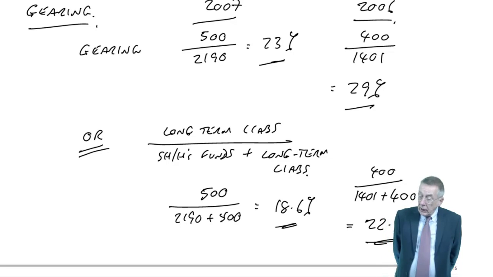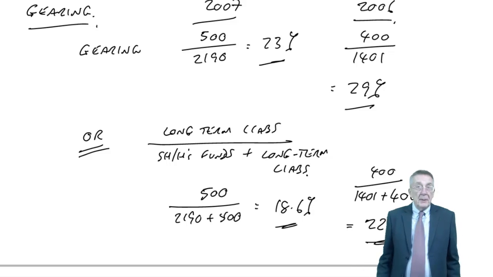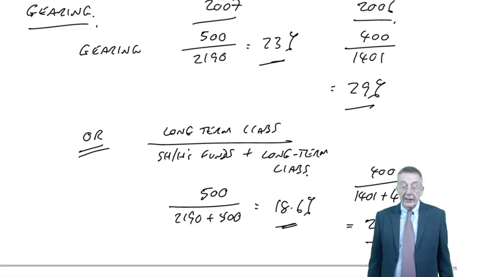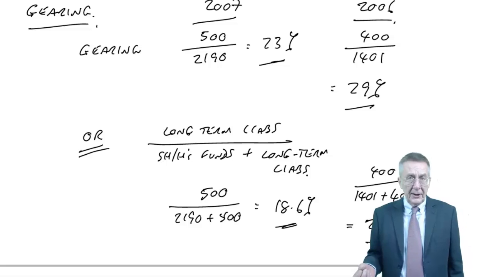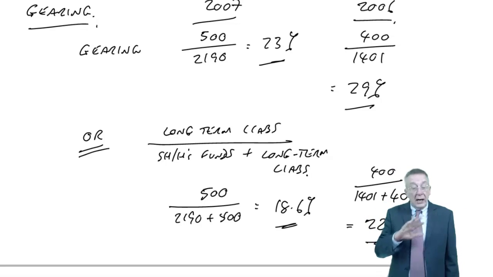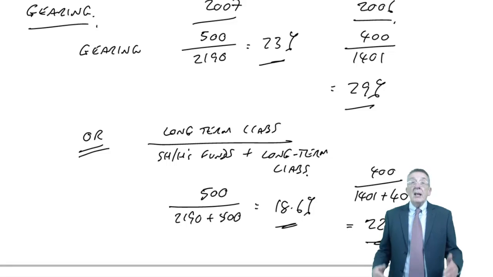Now, to carry on chatting a lot here would be wasting your time, because gearing, I'm not saying it couldn't be asked in F5, but it's extremely unlikely. So again, it's F9. F9, you could be asked to write a lot about this. But with gearing, you can't really say whether higher or lower gearing is good or bad.